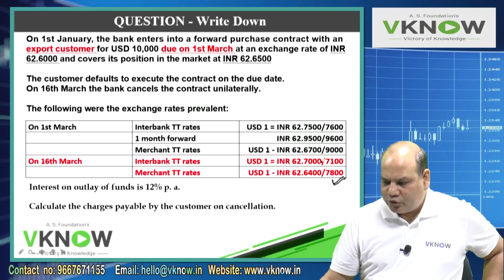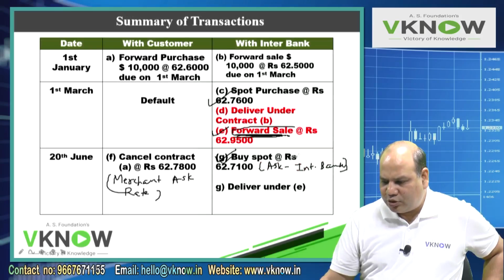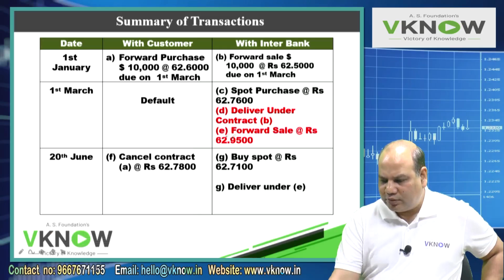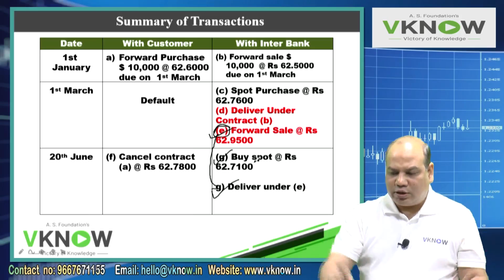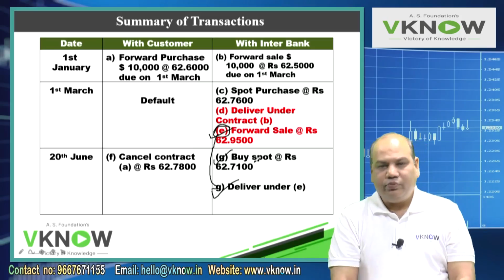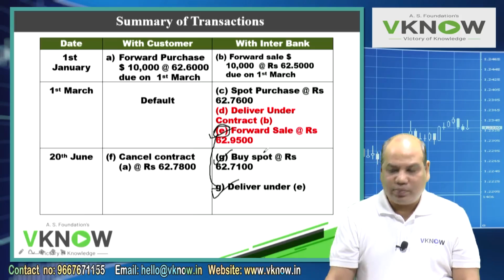Yes. So this is the rate at which they will purchase dollars, so that they can honor their forward sale contract, and after buying dollars, they will deliver under E. So with the interbank also their contract gets over. All contracts are closed. All outstanding positions have been closed.